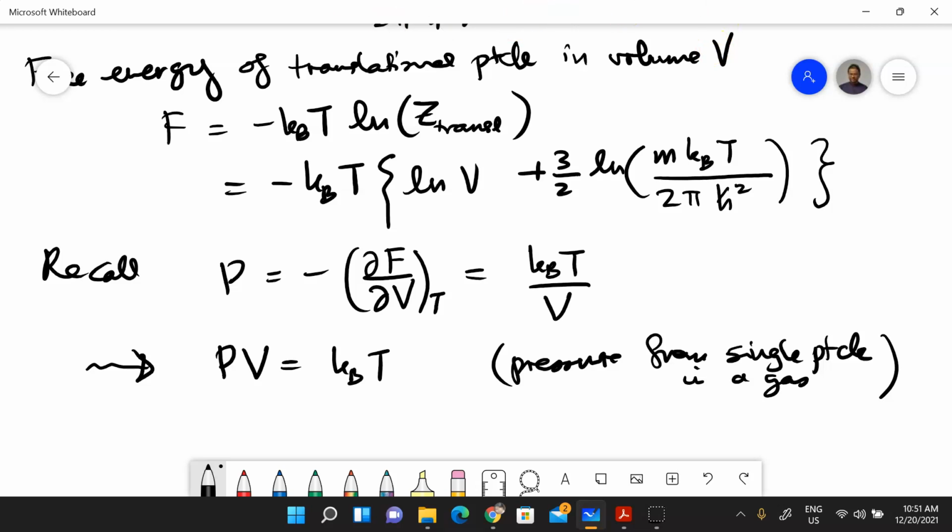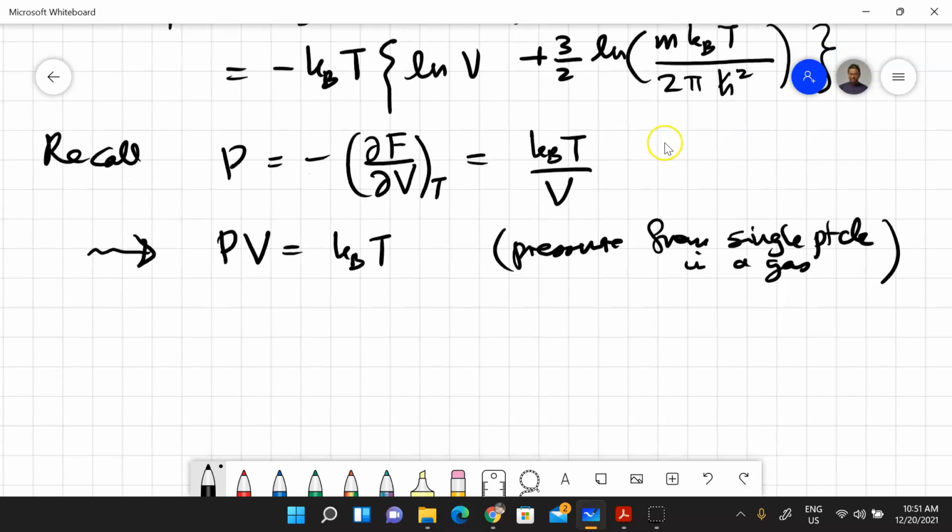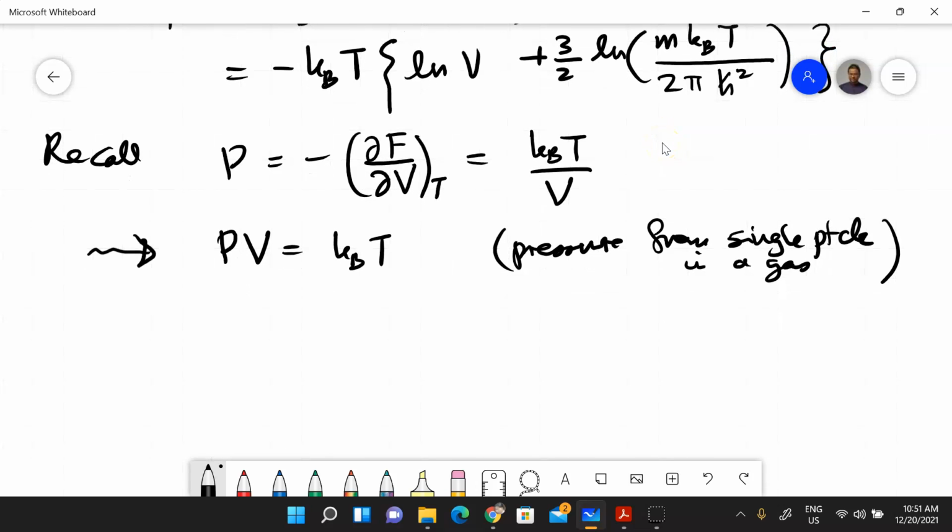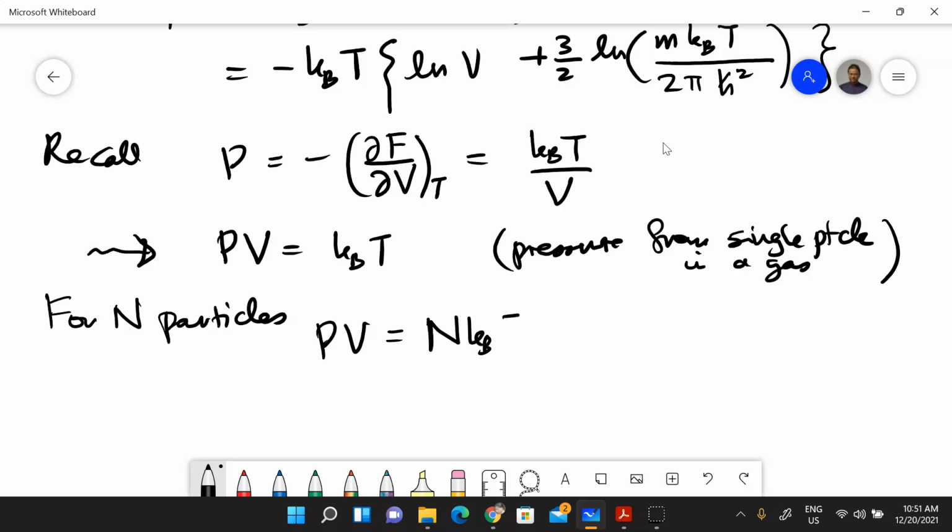If there are N particles, you just multiply, and you get PV equals N kBT, where N is the number of particles.